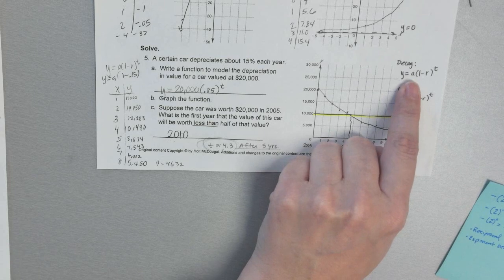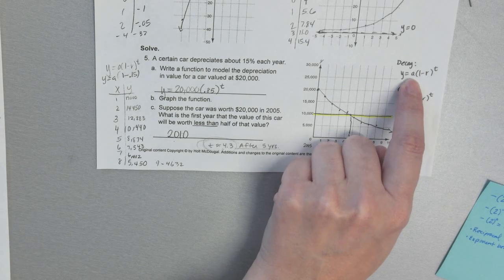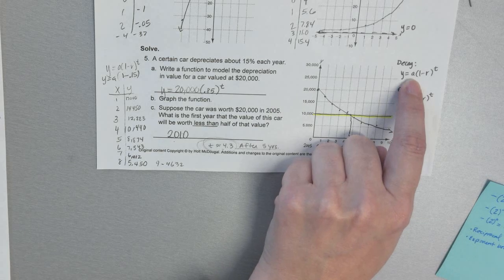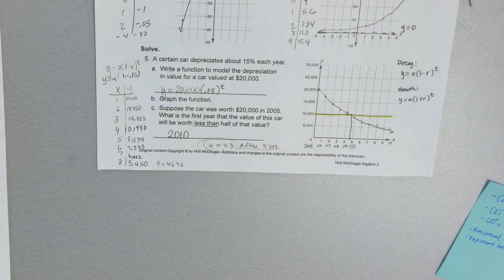A is going to be what? The initial value. Good, that's what you start with. So something you could do without a calculator would be writing the function.